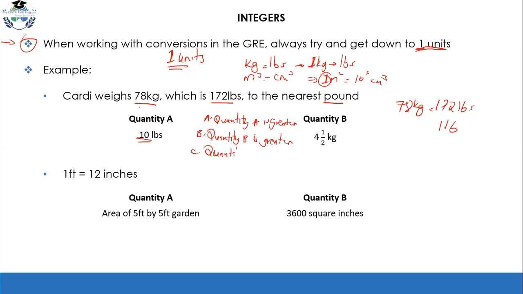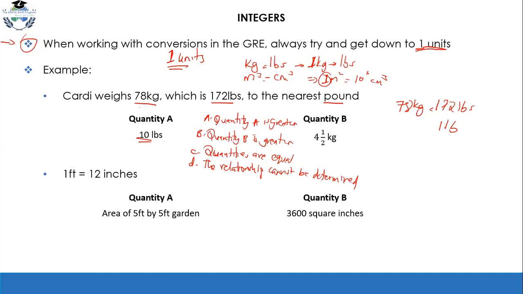And then D is the relationship cannot be determined. Right, so these are always the options when you're seeing these types of things.